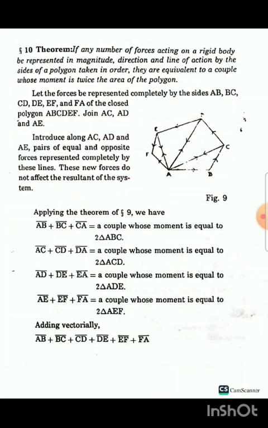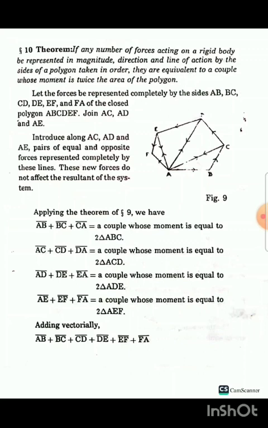Now we apply the law: AB vector plus BC vector plus CA vector. Adding these forces, we get a couple whose moment is equal to twice the triangle ABC, since it forms one closed triangle.